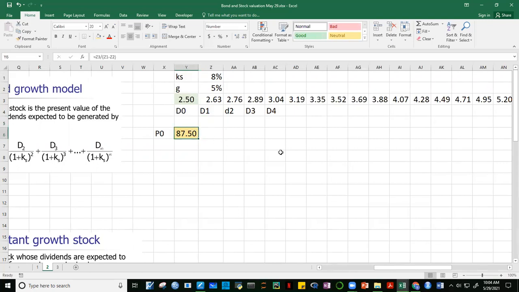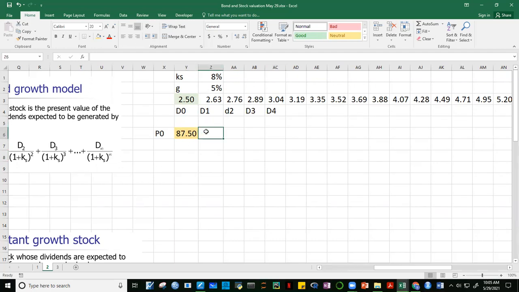So intindihin lang natin guys ha. May dividend tayo ngayon, 2.5. So natanggap na yan. Now, ang estimate ng company, dividends will grow by 5% every year continuously. So based on that information, mako-compute natin, may estimate natin yung price ng stock na to. Okay, and how did we do it?